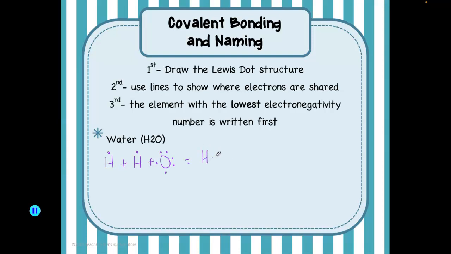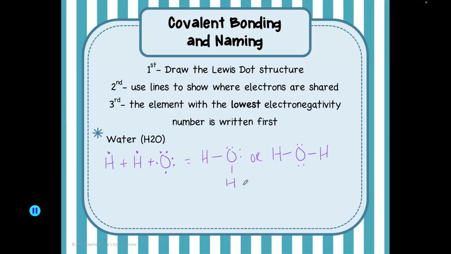I could do the hydrogen, oxygen, hydrogen, and then here's my other dots. So now I've got 2, 4, 6, 8 for my oxygen, 2 for my hydrogen, and 2 for my hydrogen. I could also draw it horizontal, so hydrogen, oxygen, hydrogen, and then I'd have 2 valence electrons on top and 2 on bottom. Either one of these is correct.